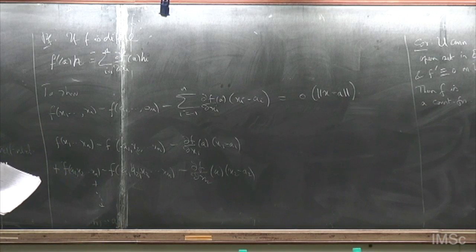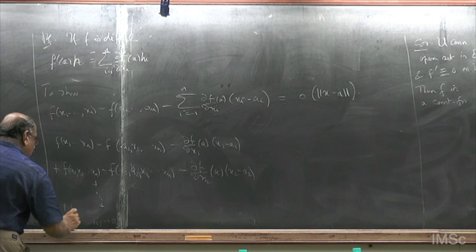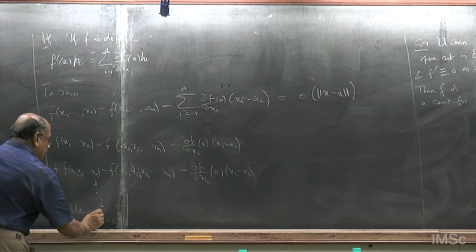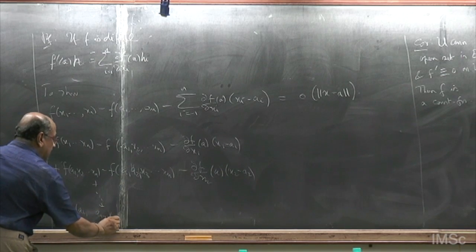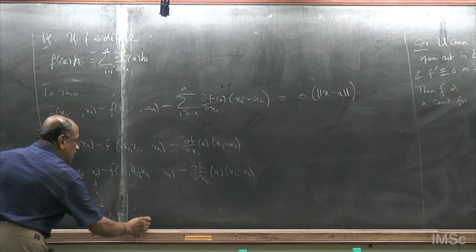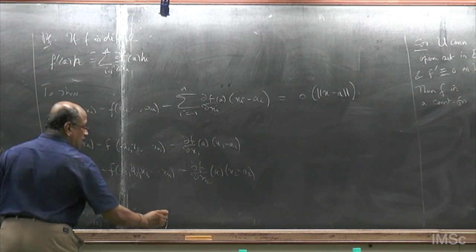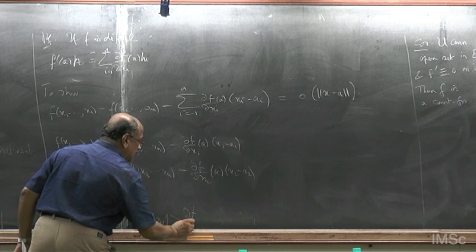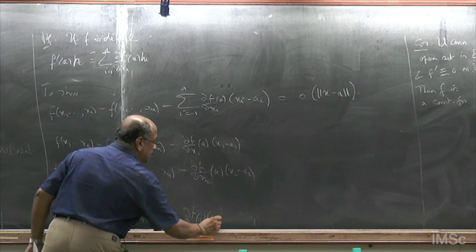And finally, f of a1 ... an minus 1 xn minus f of a1 ... an minus df by dxn at a times xn minus an.